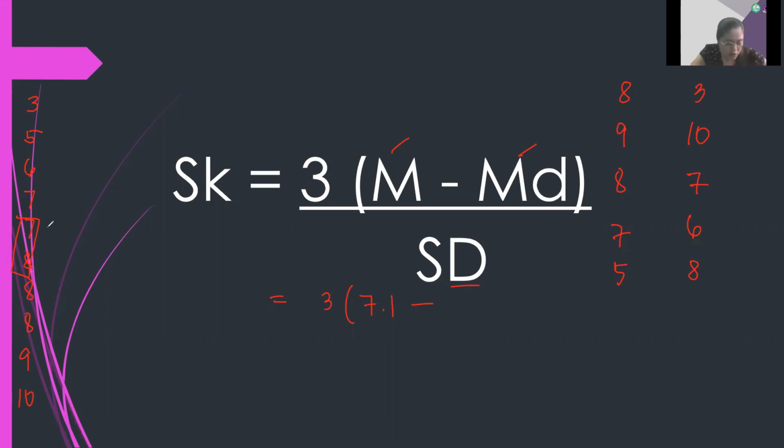The median here is 7.5, so we will use 7.5 here. And what is the standard deviation? Kindly check sa JASP. What's the standard deviation for the set of data?